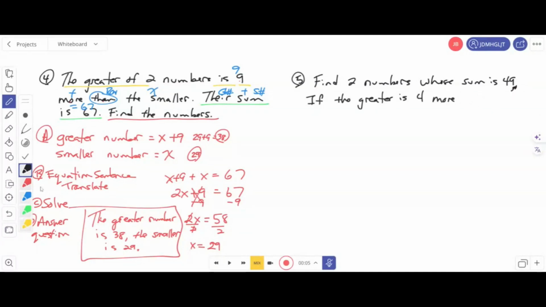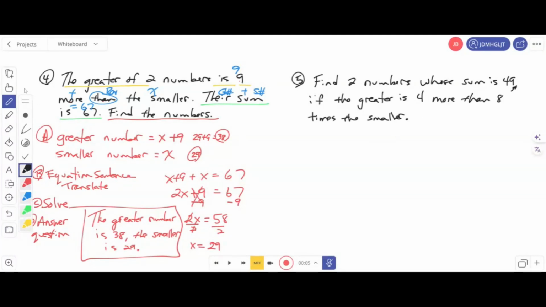That's actually a parentheses, and this is a lowercase, it's one sentence. Find two numbers whose sum is 49 if the greater is 4 more than 8 times the smaller.